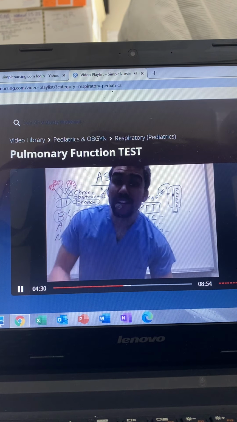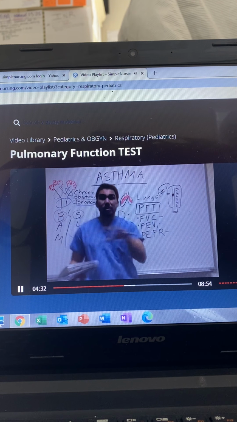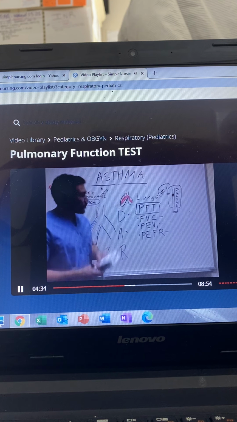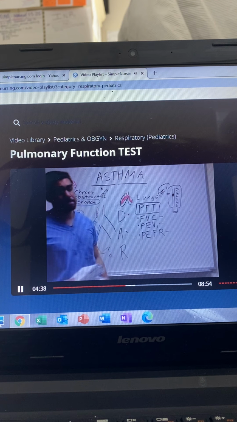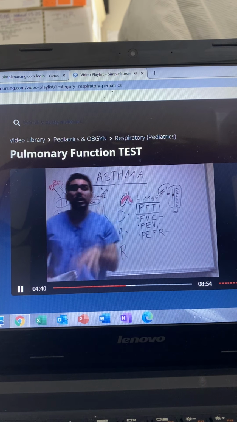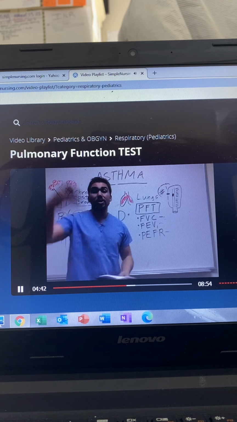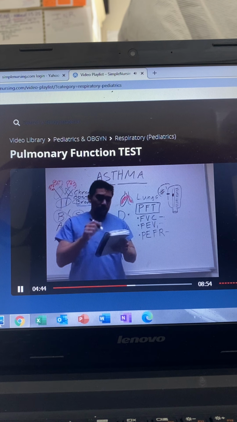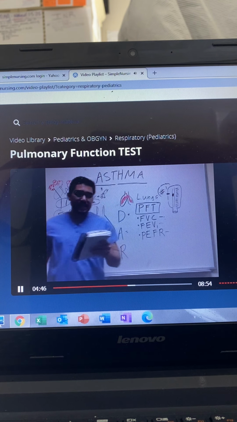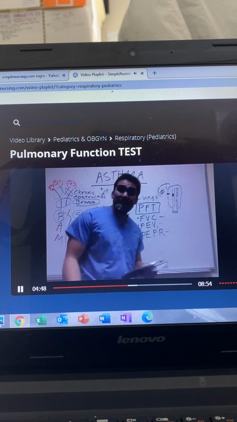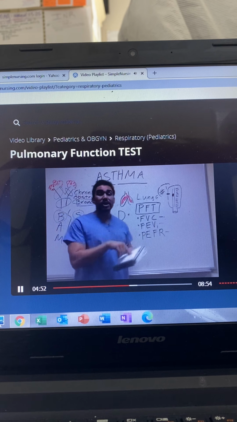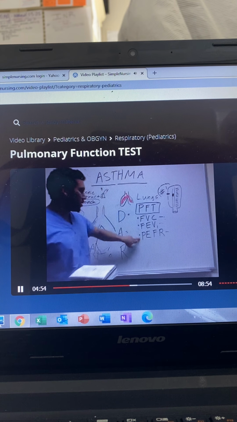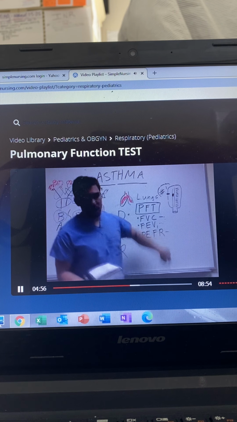For your pulmonary function test, I know I kind of jump all over the place. For your pulmonary function test, at least, this is the hospital stuff, okay? So your hospital is recording these values on your patient's chart. So we went over the FVC, the FEV1, and then your last one is your peak expiratory flow rate, your PEFR.